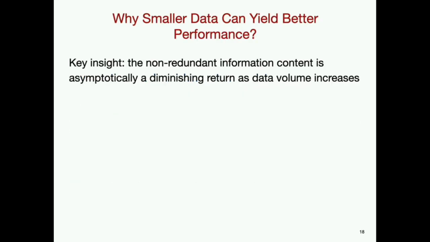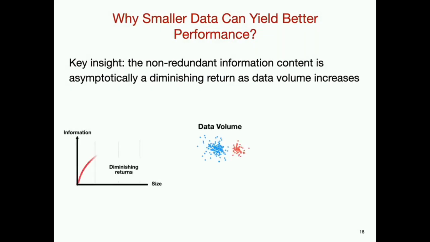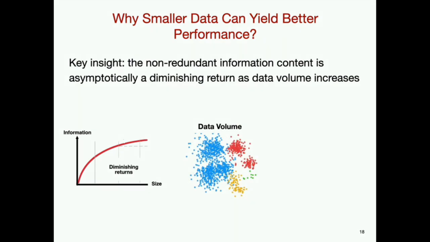Okay. So first question: why can we even expect to do better with smaller data compared to large data? We know that the more data, the better, right? The key insight is that as we increase the size of our data sets, the amount of information in them does not increase linearly. There are diminishing returns, because of all the redundancy in these huge data sets, so the amount of information increases in a concave way.